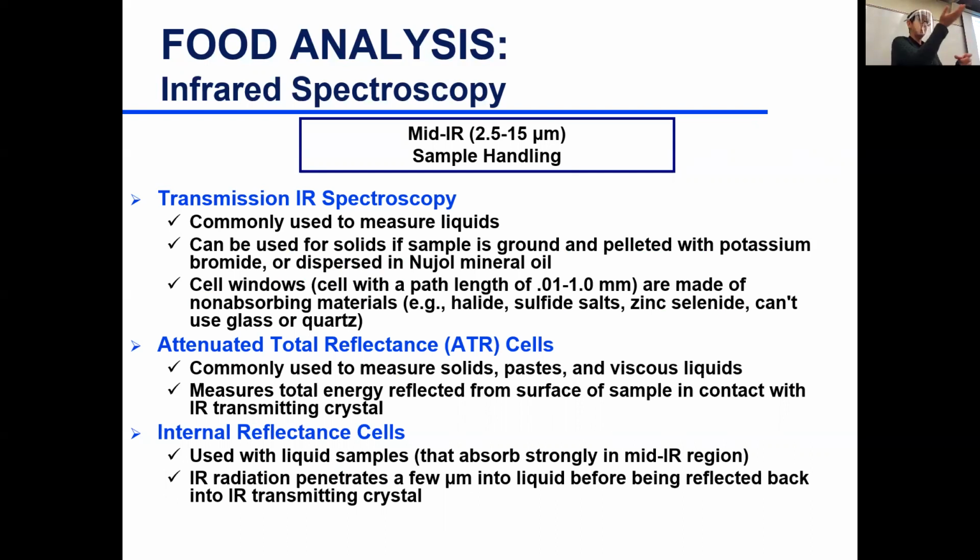So the reflected light gives you a fingerprint of the sample based on what the sample absorbed. The internal reflectance is a specific cell for liquid samples, and it's kind of the same thing. The light goes through a little bit and compounds absorb, and then the rest of the light gets reflected and goes to the detector using mirrors.